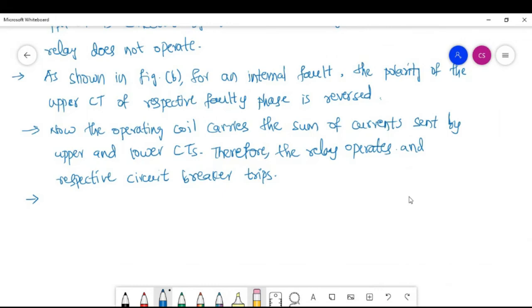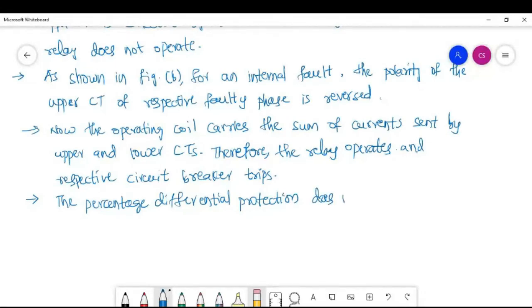The percentage differential protection does not respond to external faults and overloads.